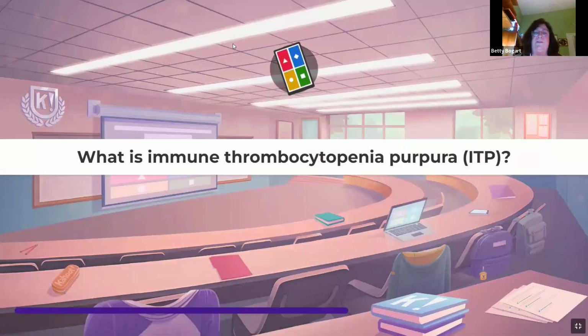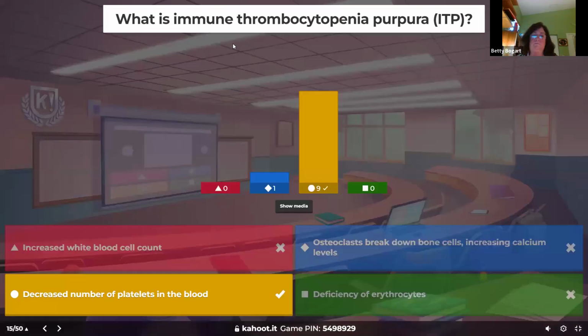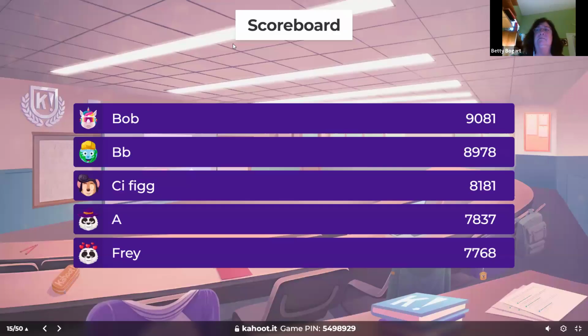What is immune thrombocytopenia purpura? ITP. What is P all about? And that's how I remember this one. It's all about platelets, not enough. And this is the one you might see a nosebleed. This is one you might see ecchymosis or a petechial rash on them. Platelet counts are down, and this child you're going to have bleeding precautions on.